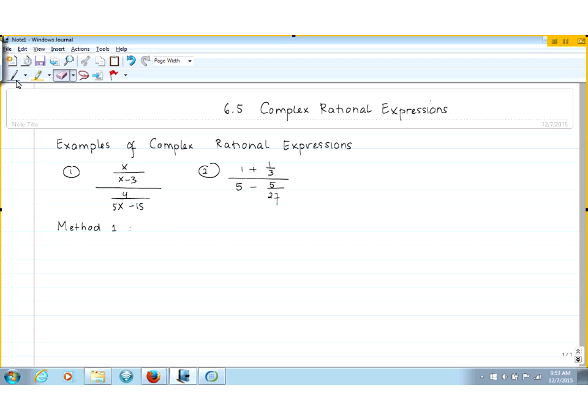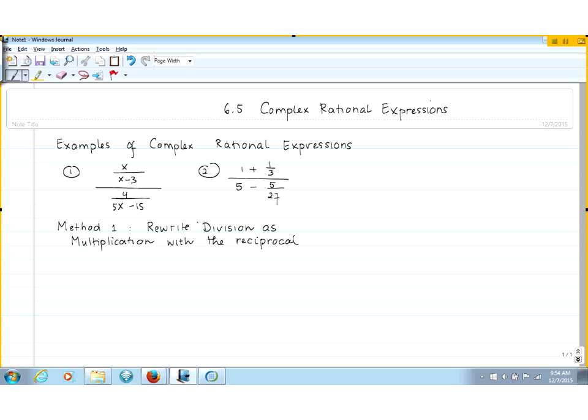What do I do in method 1? Rewrite division as multiplication with the reciprocal. That's what we always do anyway. So instead of writing this as division, I'm going to write this as multiplication.